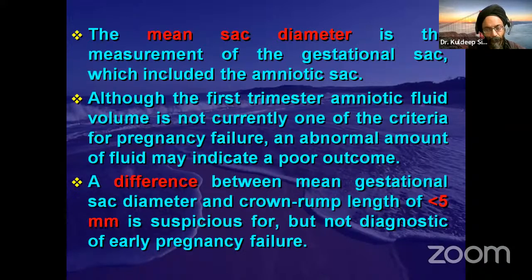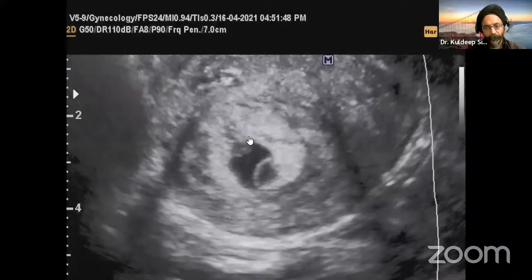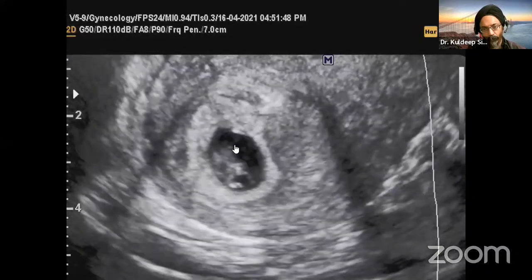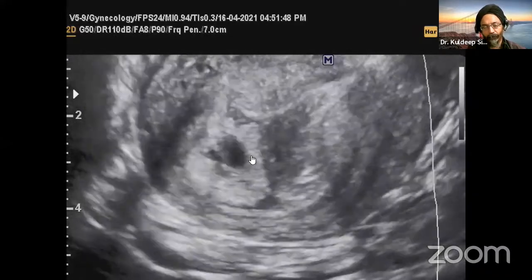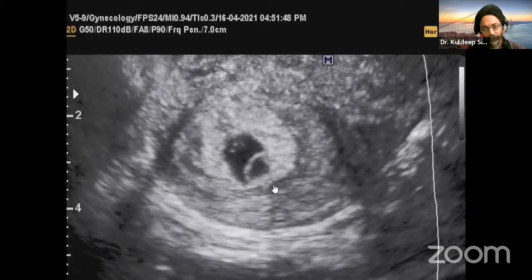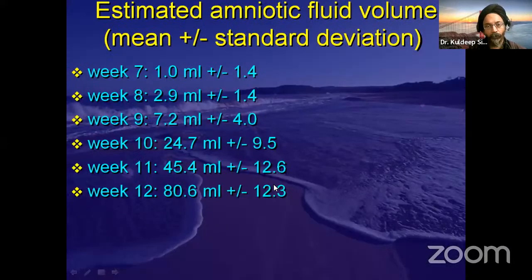On eyeballing, if you see crowding of the gestational sac, it appears as if the embryo is taking all the place, so you start thinking this could be an oligoamniotic sac. Take the mean sac diameter, subtract the crown rump length, and if it's less than 5, it's an oligoamniotic sac.